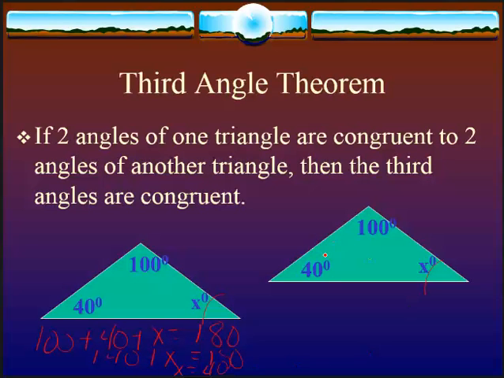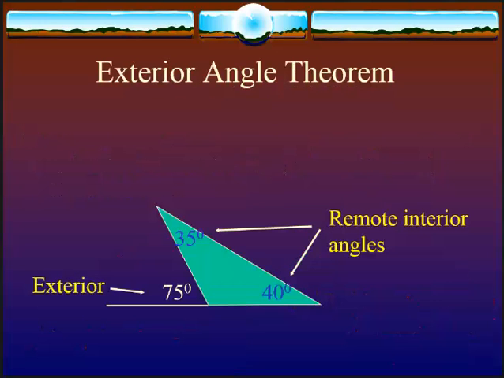Now if I do it over here, I would get the exact same situation. So in both situations, our unknown angle would have to be 40. Since they always have to add up to 180, then obviously that third angle has to be the same. That's all that is saying. So you should be able to relate two triangles and figure out the missing parts.